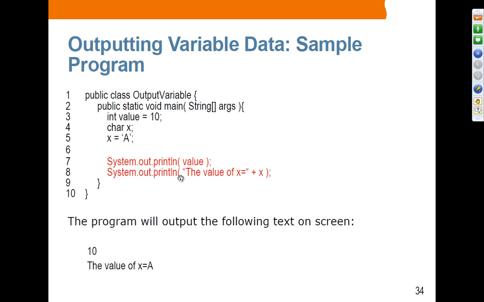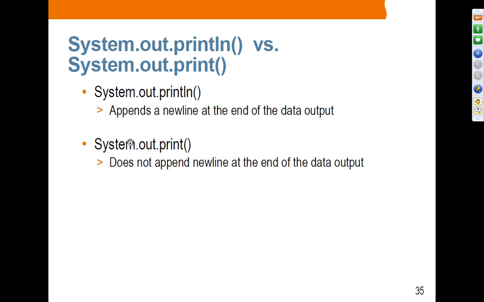Here we are displaying this string value, and whenever you want to concatenate the result of something else, you use a plus sign, and the value of X will be displayed. So here it is going to display the value of X equal A, which is set here.